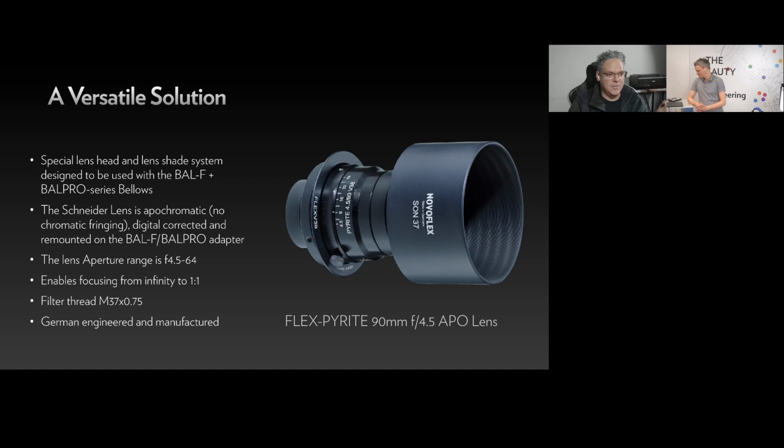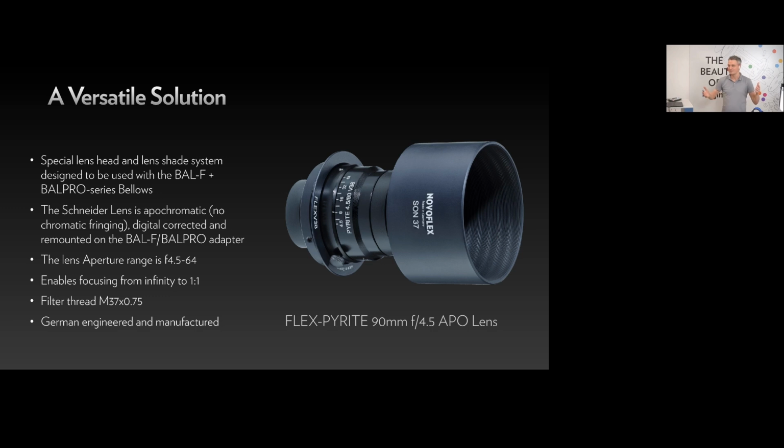So I'm going to hand it over to Martin here to talk about the Flex Pyrite 90mm f/4.5 Apo lens. Yeah, thank you, Matt. So the Pyrite lens by Schneider Kreuznach that we're talking about today is a 90mm flat field lens, as Matt just mentioned, and it is available in two different models from us.